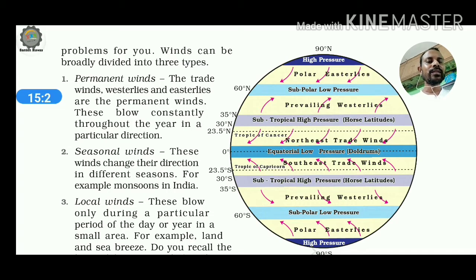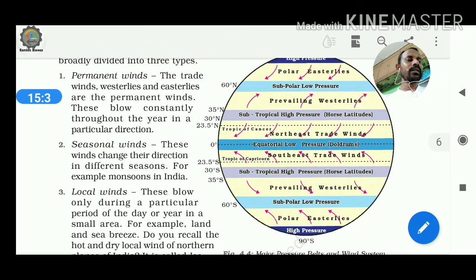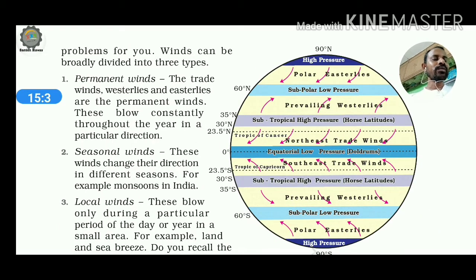Seasonal winds change their direction in different seasons, such as the monsoon in India. It is a crucial example of the seasonal wind. We can see that the direction of the wind system changes during summer as well as winter.